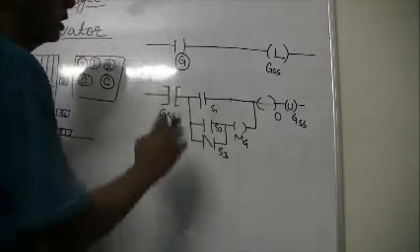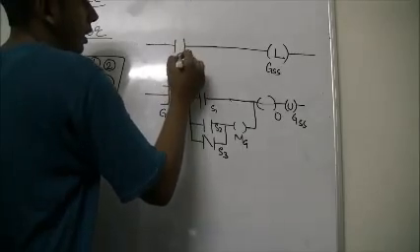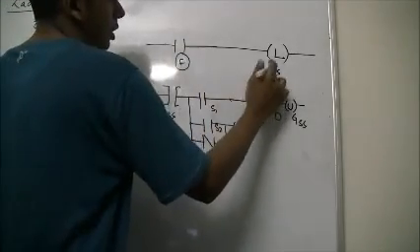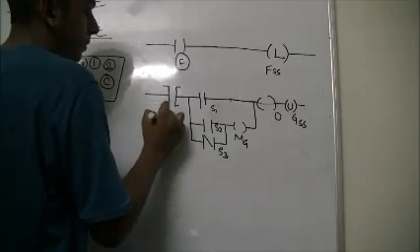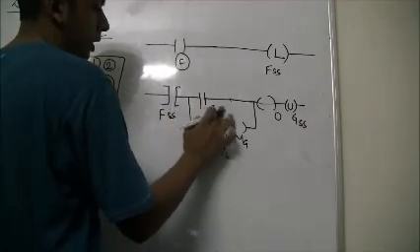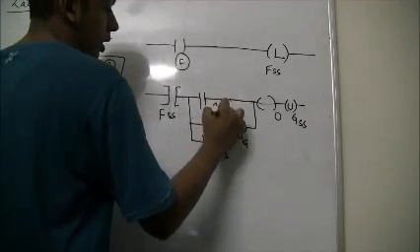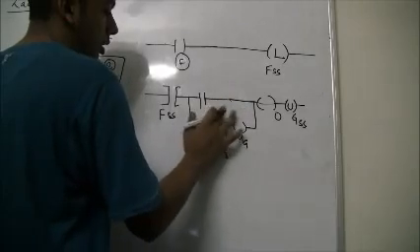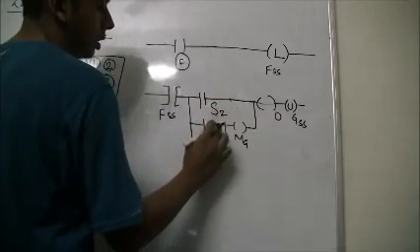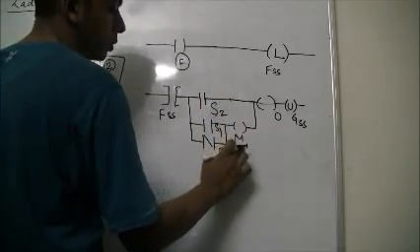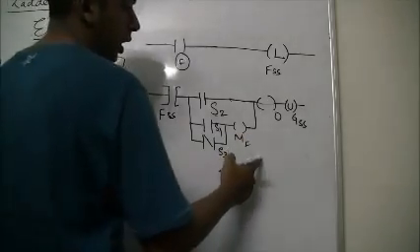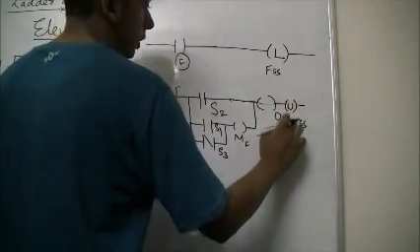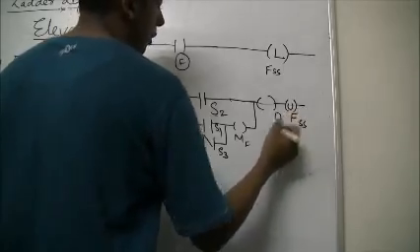In that case, this would change to F, first floor, FSS. This would become S2, this would become S1, this would become first floor, and this would become FSS, right?